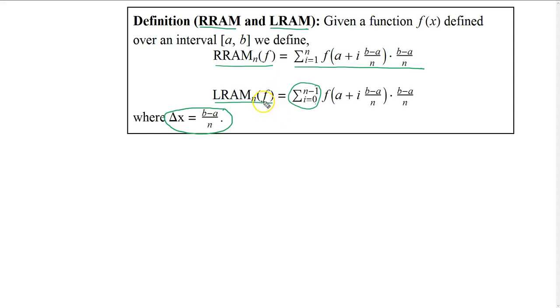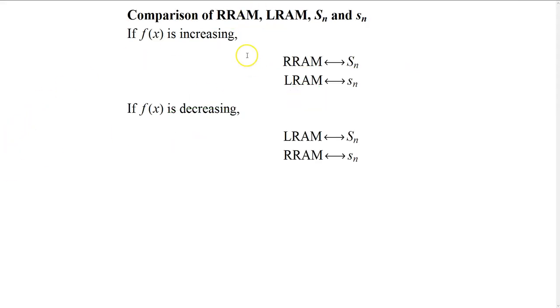Now let's take a look at the relationship between LRAM, RRAM, and the upper and lower approximating sums. As we hinted at before, if our function f of x is increasing, then RRAM is the same as the upper approximating sum, and LRAM is the same as the lower approximating sum.